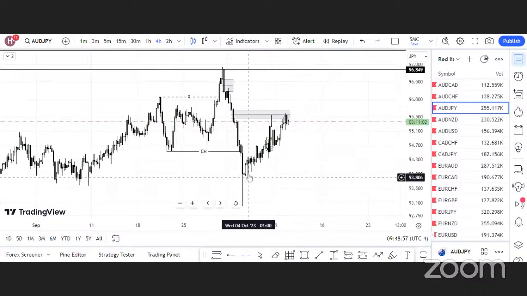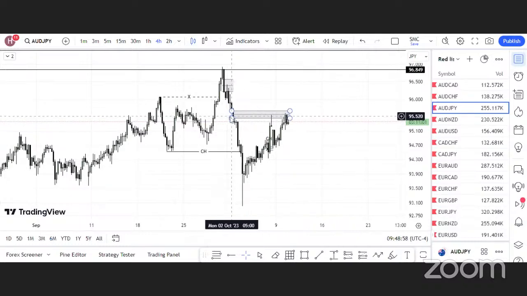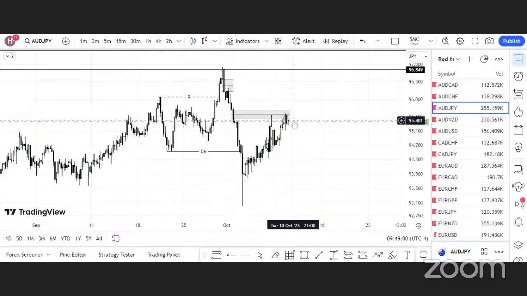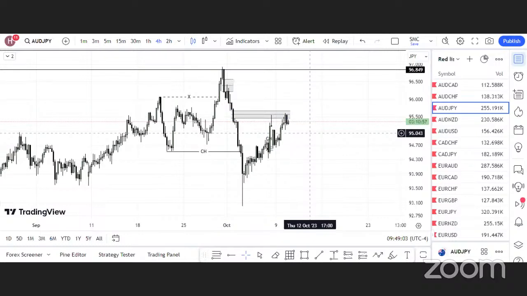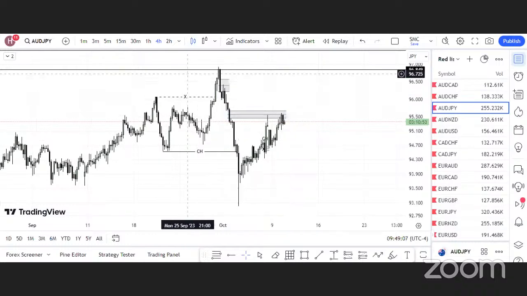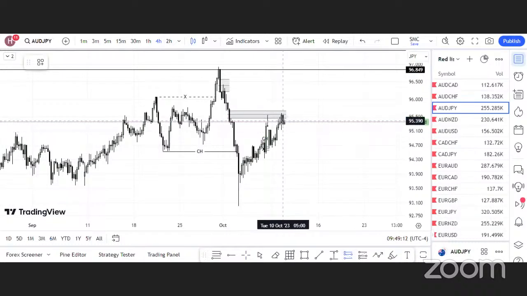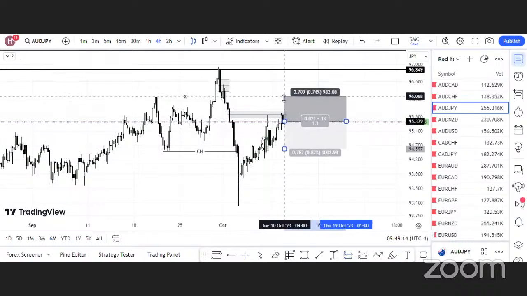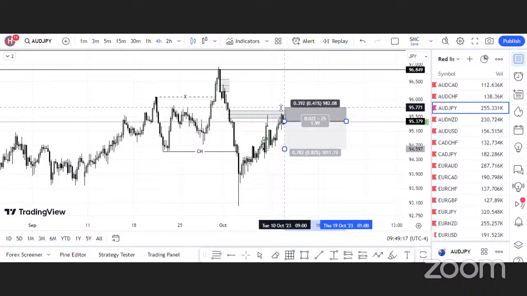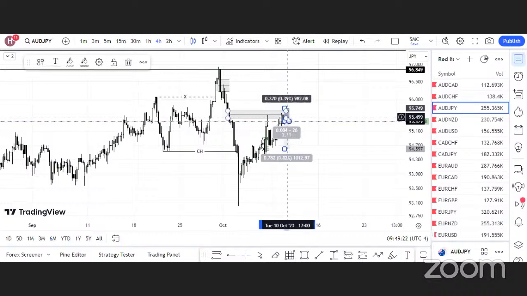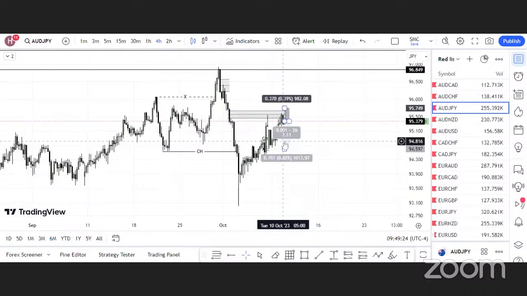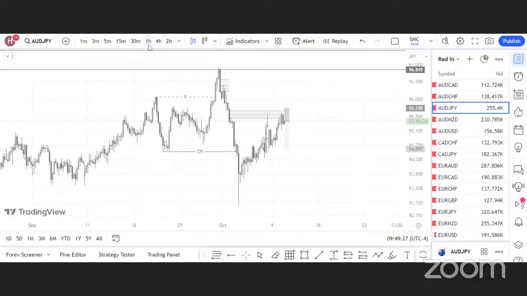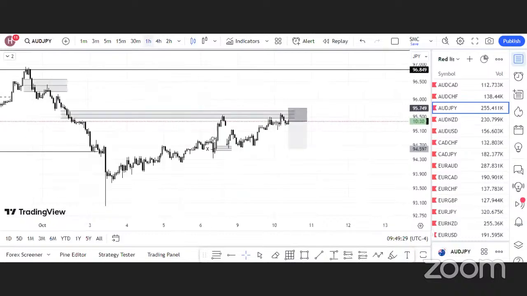You see, we have a fair value gap here, and the market is currently respecting this fair value gap. So guys, I think we can actually place this trade, but this is the 4 hour time frame. So we can place this trade, but it's going to be a long term trade, and the stop loss will be very, very far because it's on the 4 hour. So let's go to the lower time frame to see if we can actually get a proper entry.